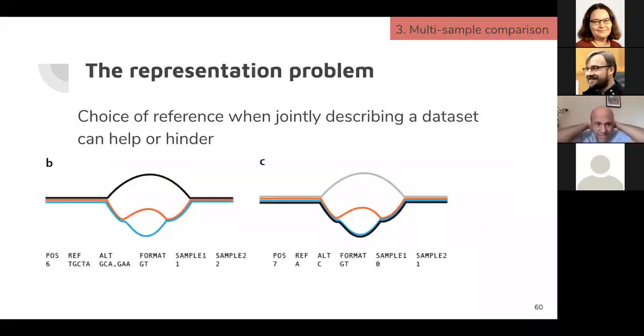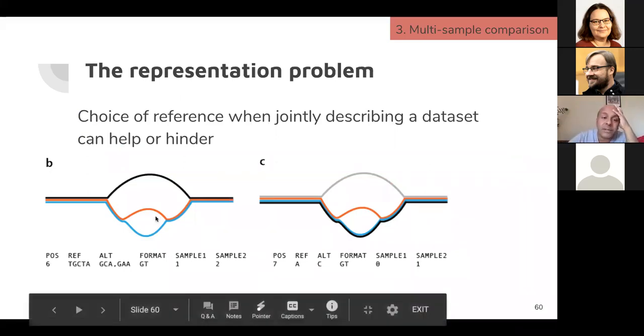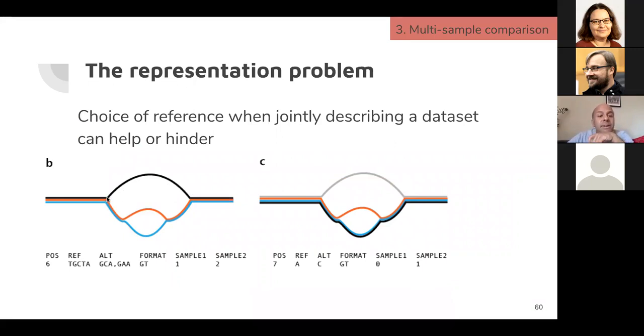So as soon as we compare genomes, we have a representation problem. What reference you use really affects how you describe a data set. So here I've got a red and a blue genome and a black reference genome. And the red and blue only differ by a SNP. But because I'm using black as a reference genome, I have to describe a variant which starts here, and I have this flanking sequence, which is shared by both of my alleles.